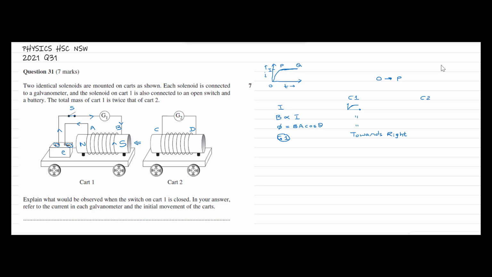Before that, let me draw the direction of the magnetic field lines as well. Outside the magnet, the magnetic field lines go from north to south, and inside from south to north. The same thing holds in the downward direction also.